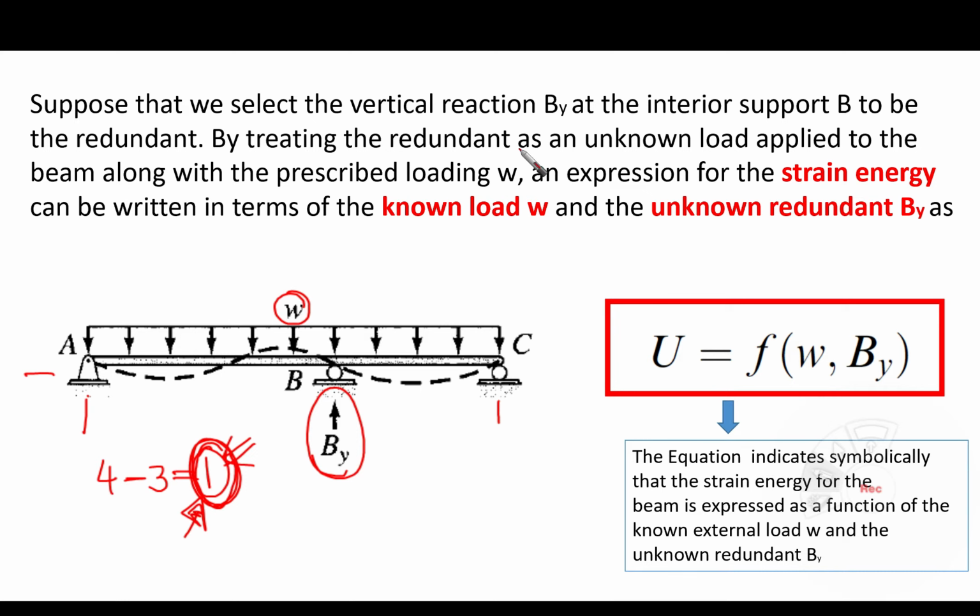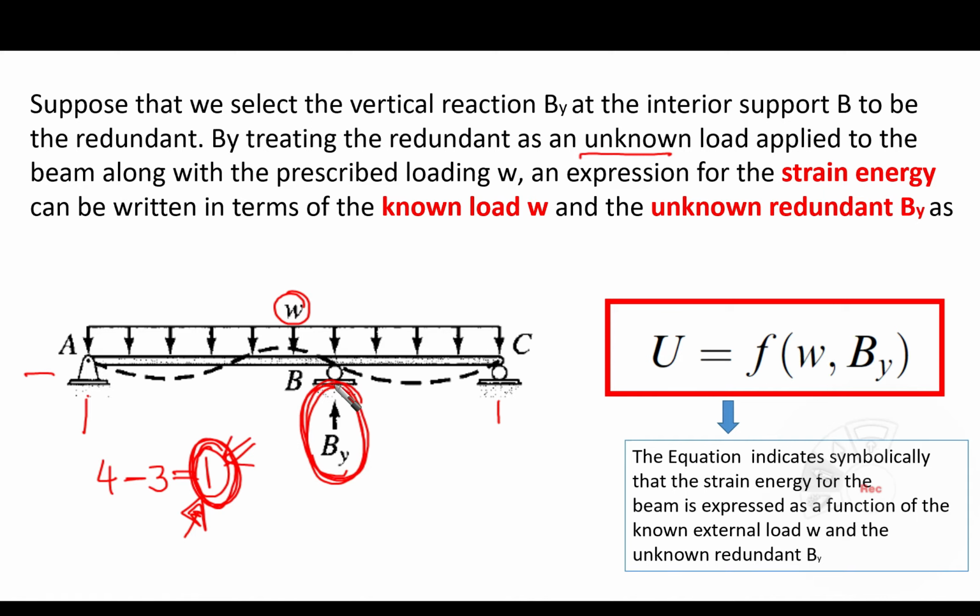By treating the redundant as an unknown load applied to the beam along with the prescribed loading W, we're going to deal with it in a very similar way as we did in the consistent deformation method. We're going to assume that the redundant is applied on the system, and we are going to remove this support, right?